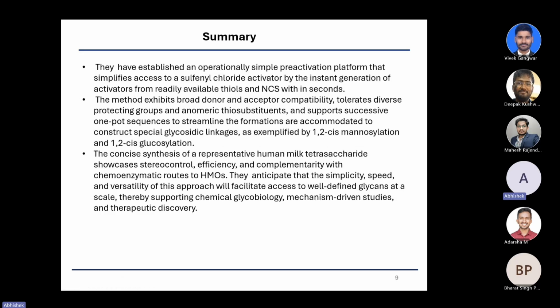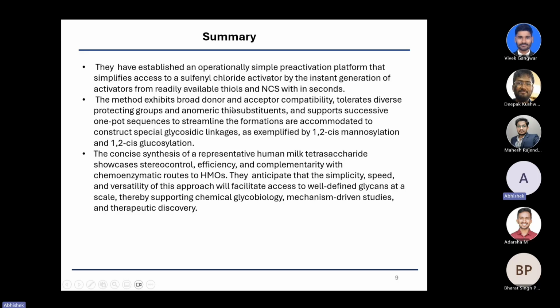The summary of this paper is that they have established an operationally simple pre-activation platform that simplifies access to the sulfenyl chloride activator by instant generation of the activator from readily available thiols and NCS within seconds.